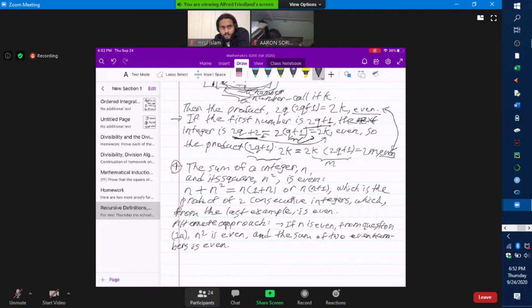Okay, so over here we have if n is even, but if n is odd, and what I'm doing now, maybe the idea may be helpful in question 16 maybe. If n is odd, so we're looking at the sum of an integer and its square.